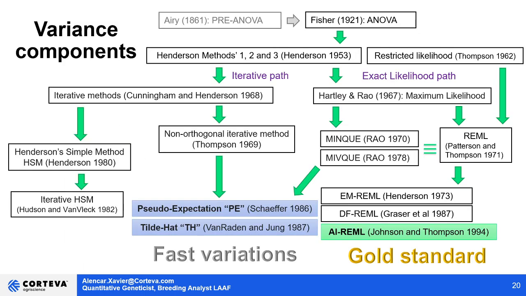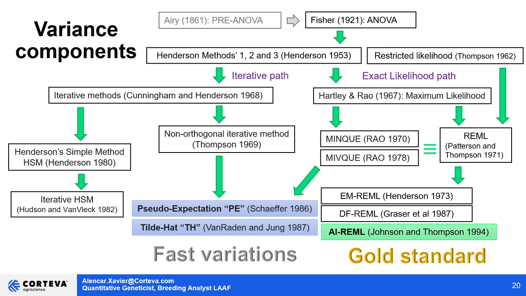First, a very brief history of variance components. The whole variance terminology came from Fisher in 1915, but prior to that there were analyses that were not yet named ANOVA, but they depicted the same principles of that type of analogy.